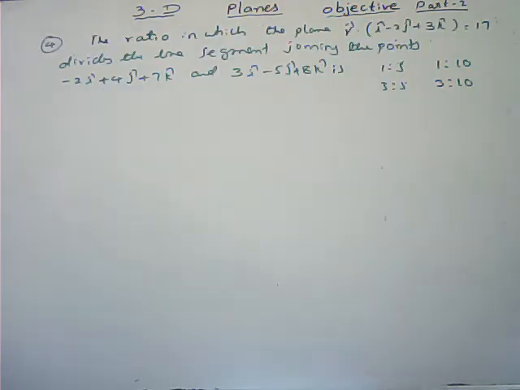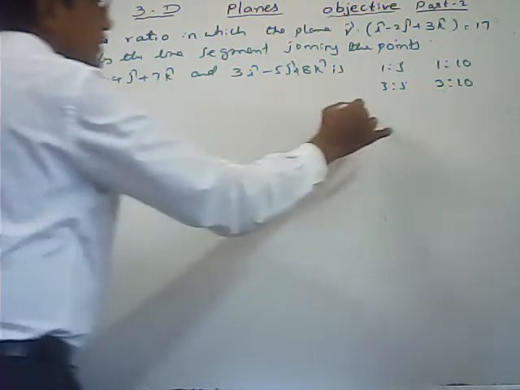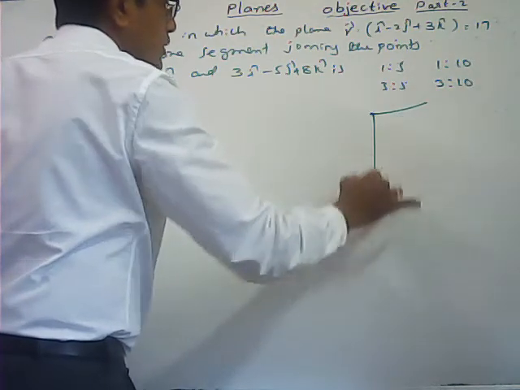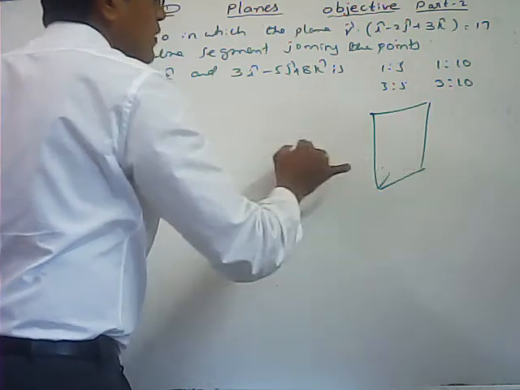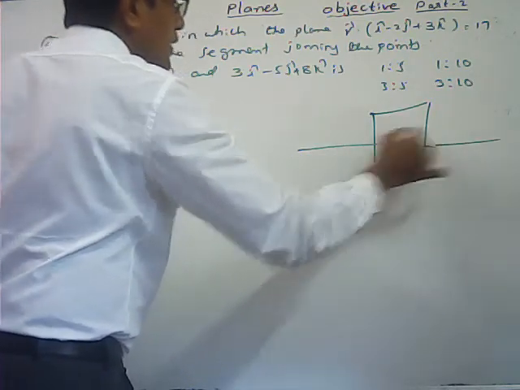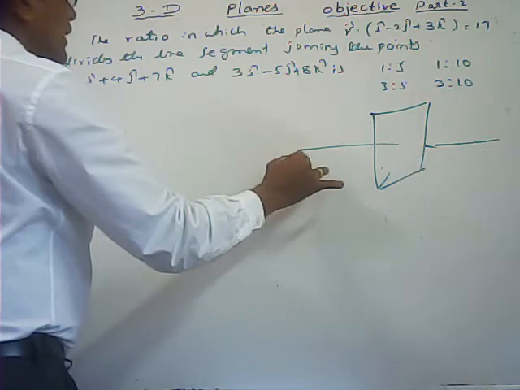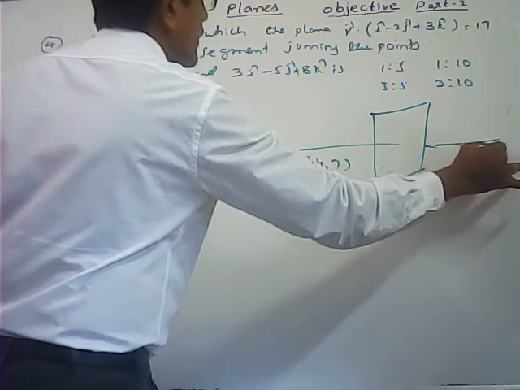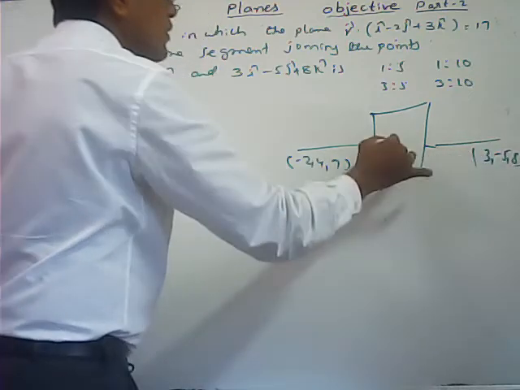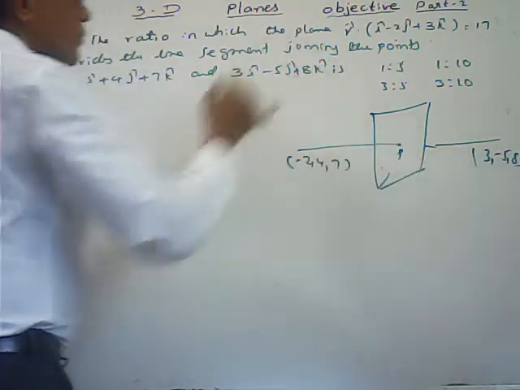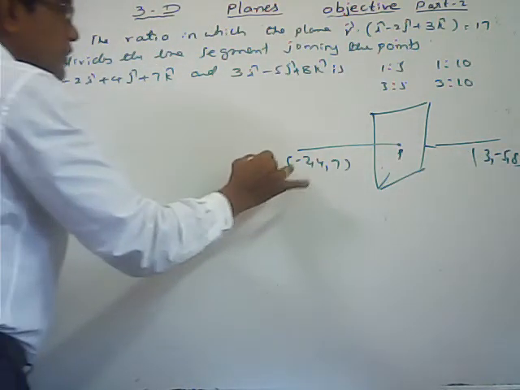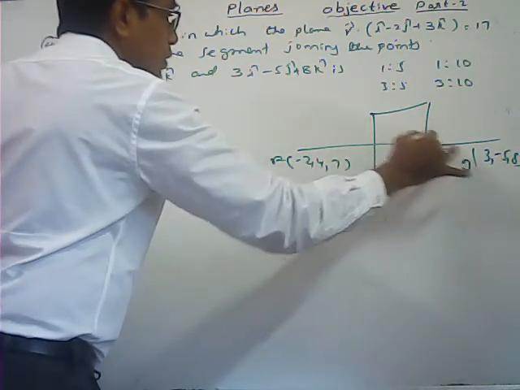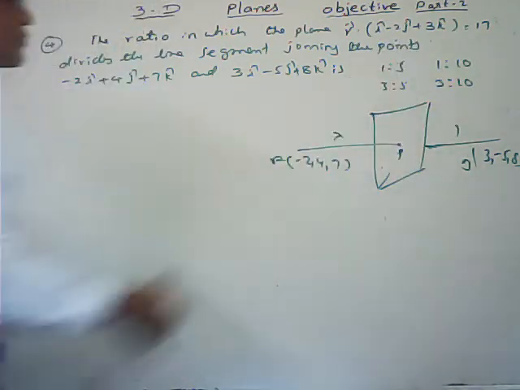The ratio in which the plane divides the line segment joining these two points. For example, this is one of the planes. This is the line segment joining these two points, minus 2, 4, 7, and here 3, minus 5, 8. Here P is a point that divides the line segment joining these two points in the ratio, I am taking lambda is to 1.